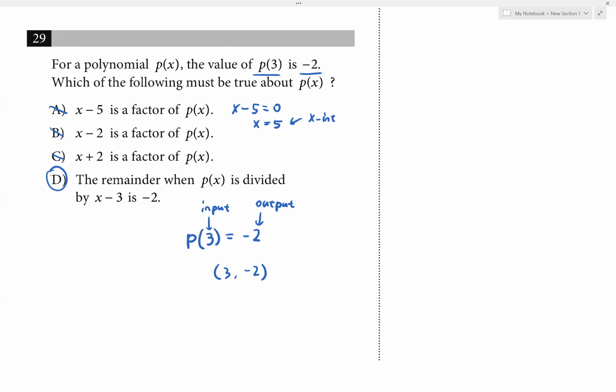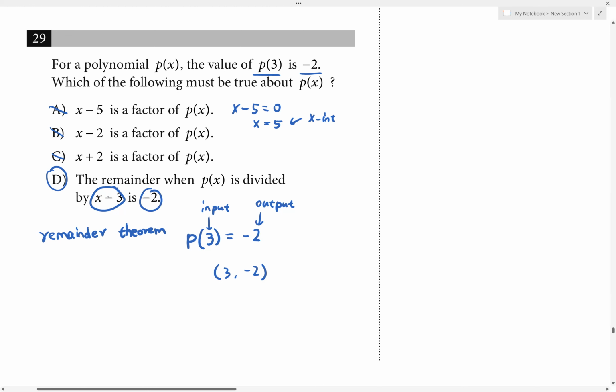So what D is, this is an application of the remainder theorem. This doesn't show up a lot on the SAT. What the remainder theorem says is, if we divide a function by x minus 3, we get -2 as the remainder.